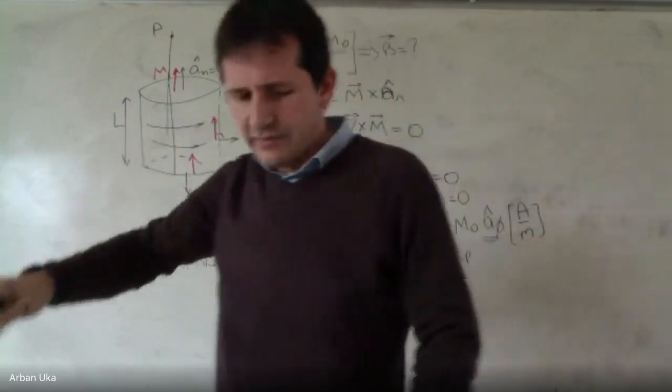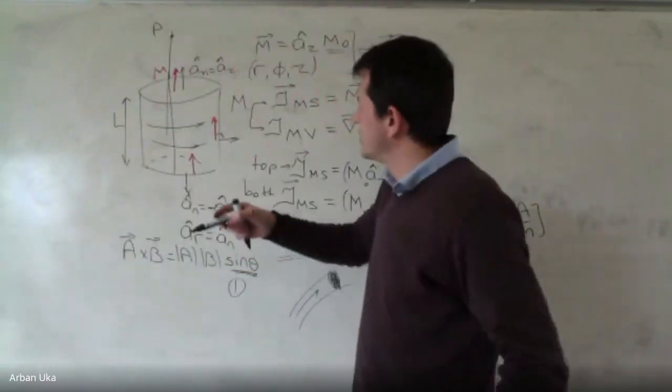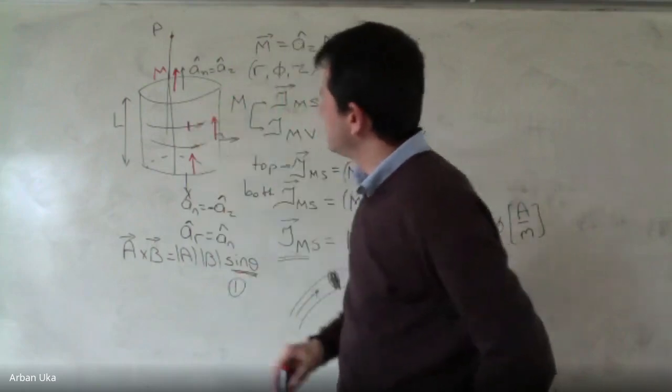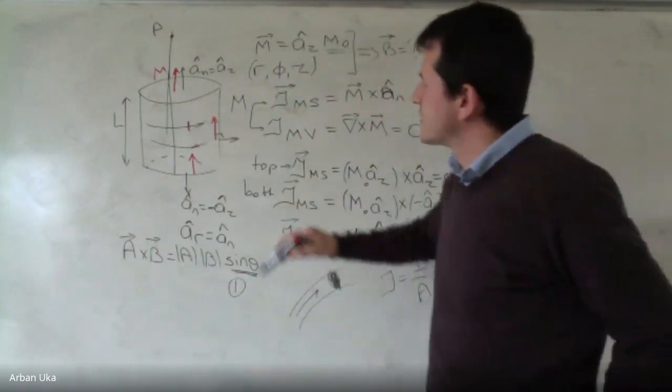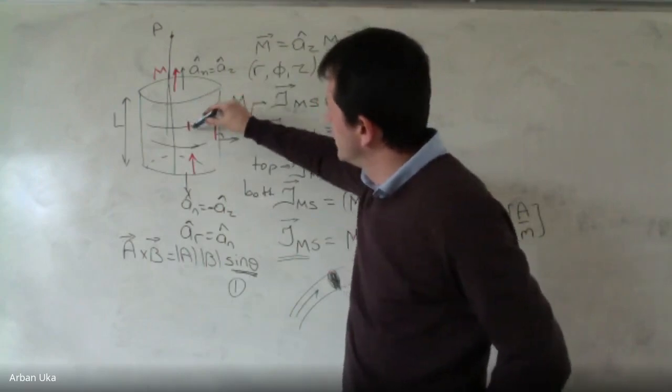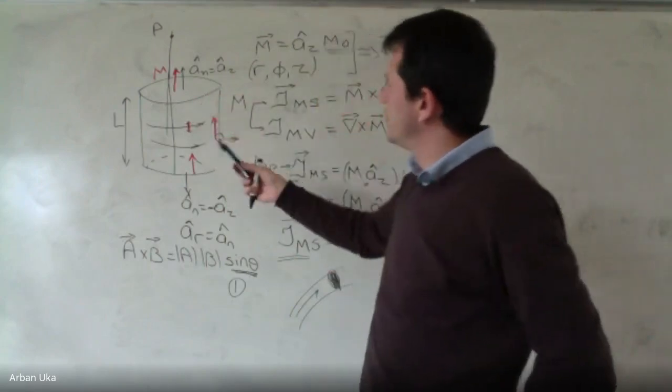Here, the effective quantity, which is perpendicular to the propagation of the current, is this little vector here, or this infinitesimally small unit, which is pointing like this.